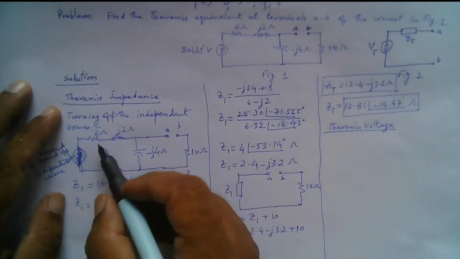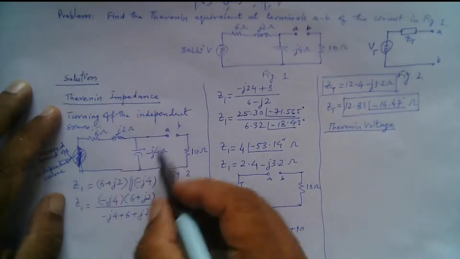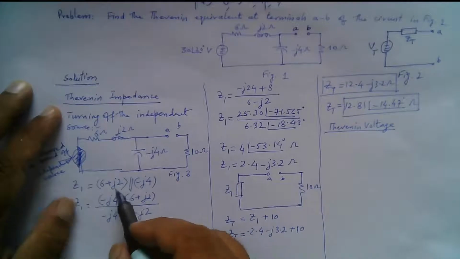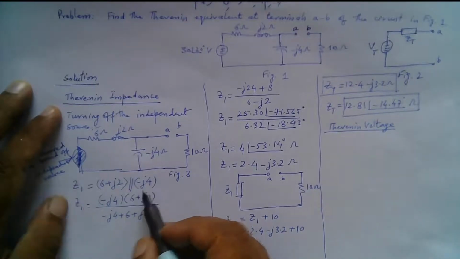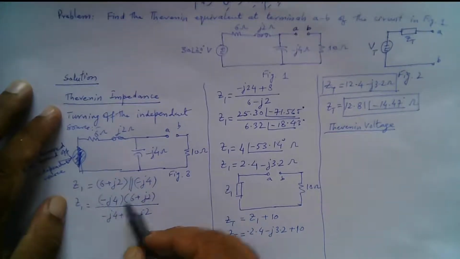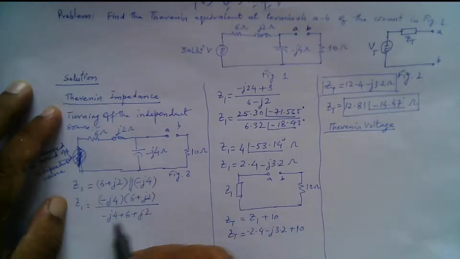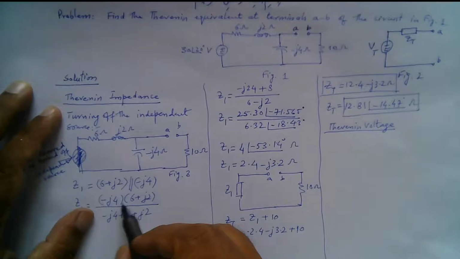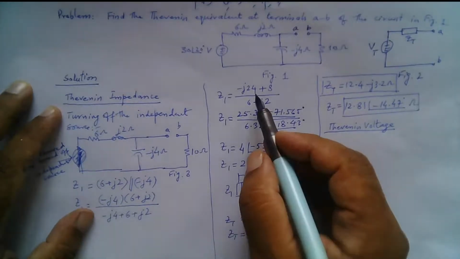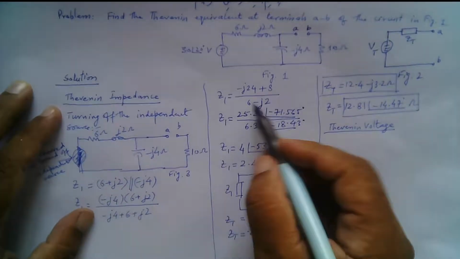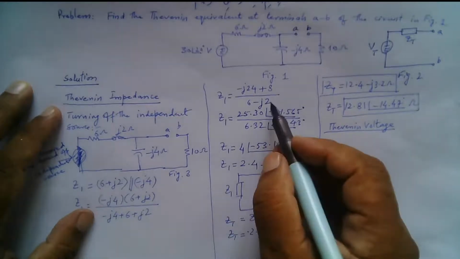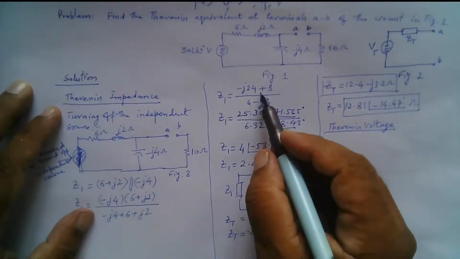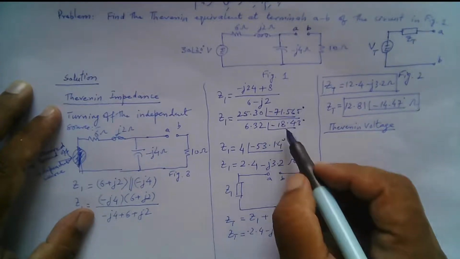And from this circuit we see that 6 plus j2 is in parallel with minus j4. So that is equal to minus j4 into 6 plus j2 divided by minus j4 plus 6 plus j2. So that is minus j24, and then plus 8 divided by 6 minus j2. So this is then converted to the polar form, both the numerator and the denominator, for the purpose of the division.